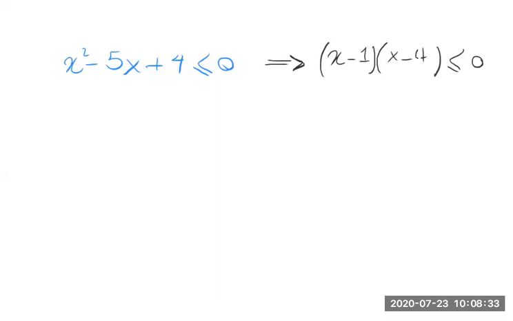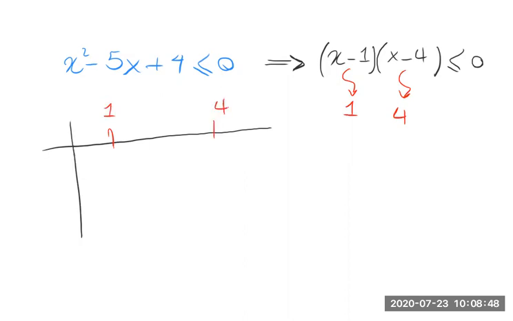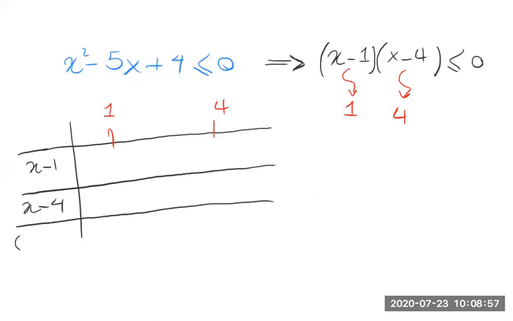And then I would form the table I mentioned before. The root of this one is 1, the root of this one is 4. I would mention 1 and 4 here. We have x minus 1, we have x minus 4, and we have x minus 1 times x minus 4.